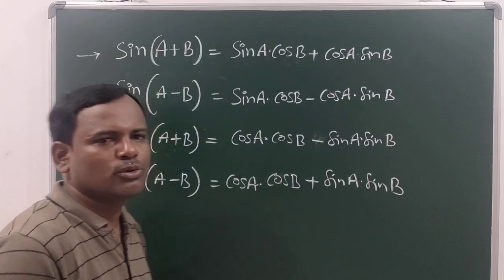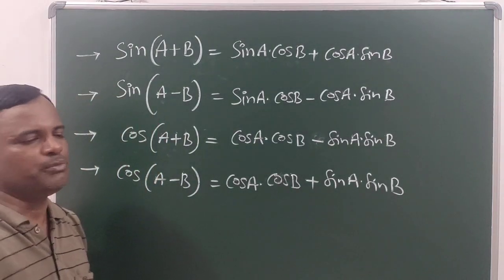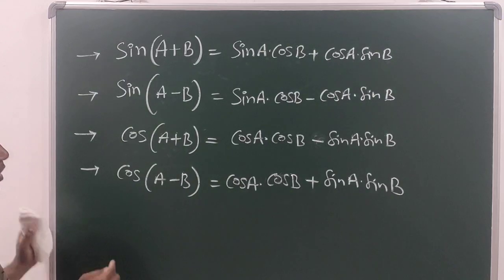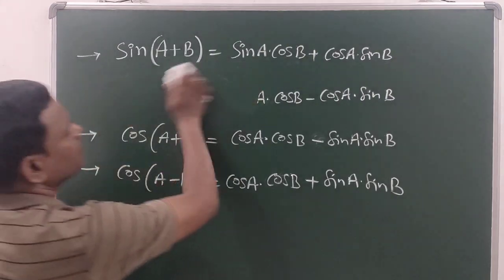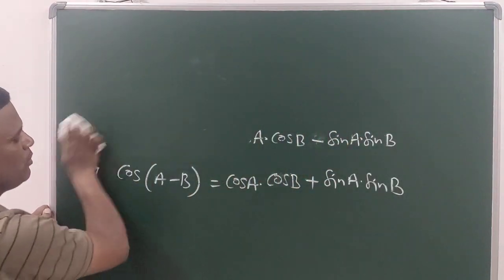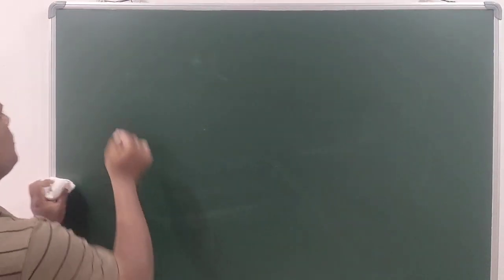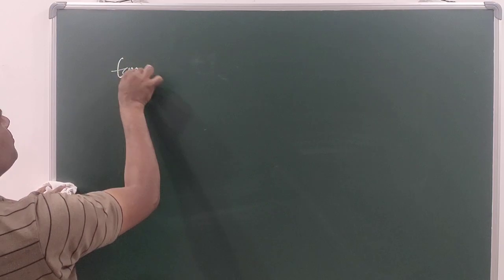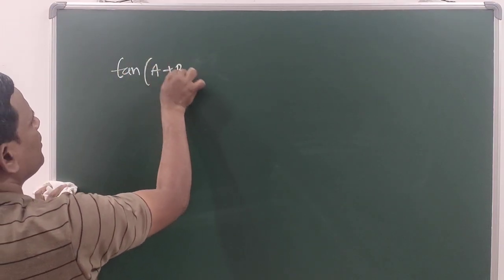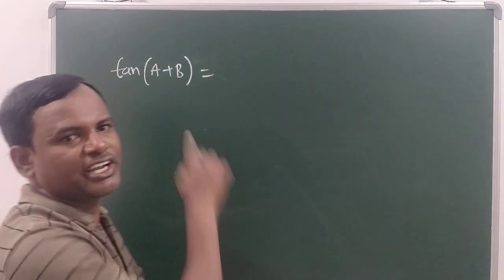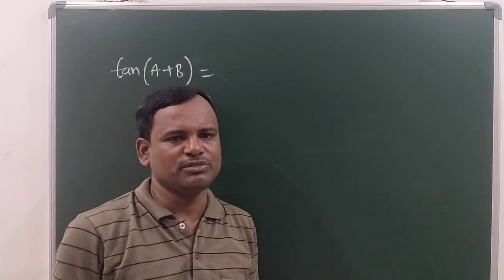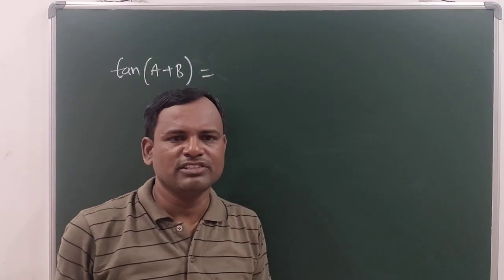Okay. Now let us go to the tan of A plus B. How do we get tan of A plus B? So, tan can be expressed as sin by cos. So suppose if you want tan of A plus B, you can write sin A plus B by cos A plus B. Both expansions we have seen.